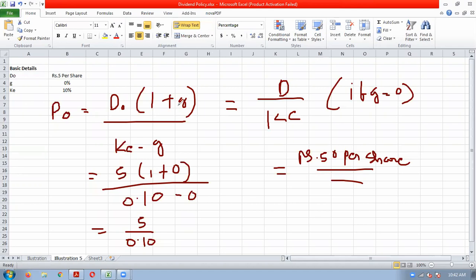Because G will be 0, here also it will become 0. So only D divided by KE will be left in case of no growth. Understood, everybody? So your market price will be 50 per share.